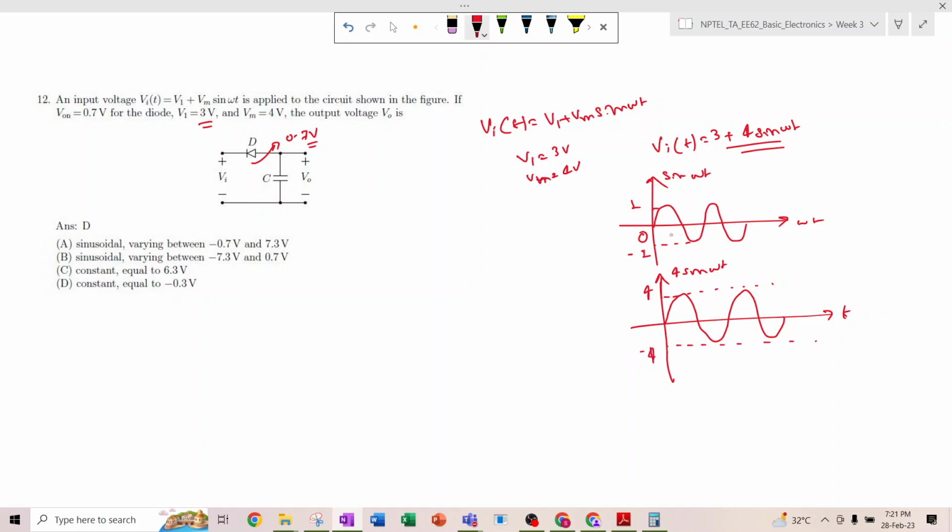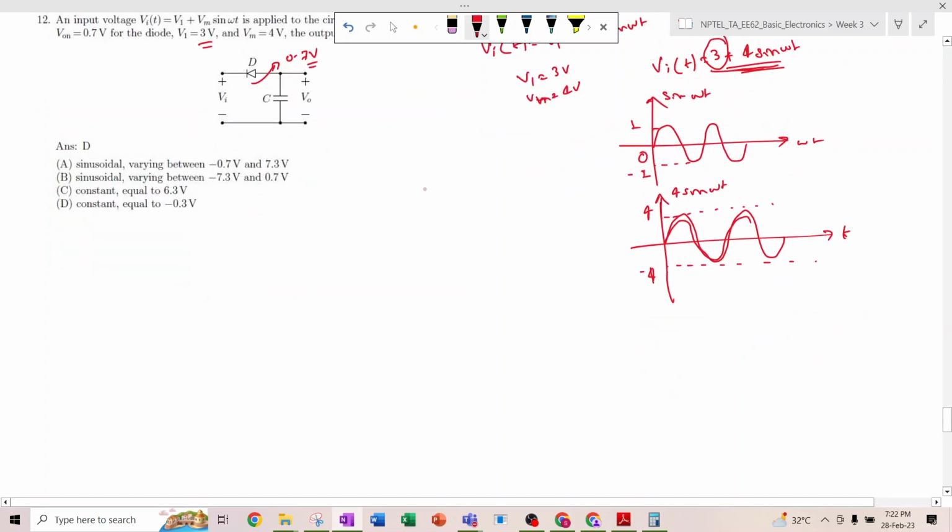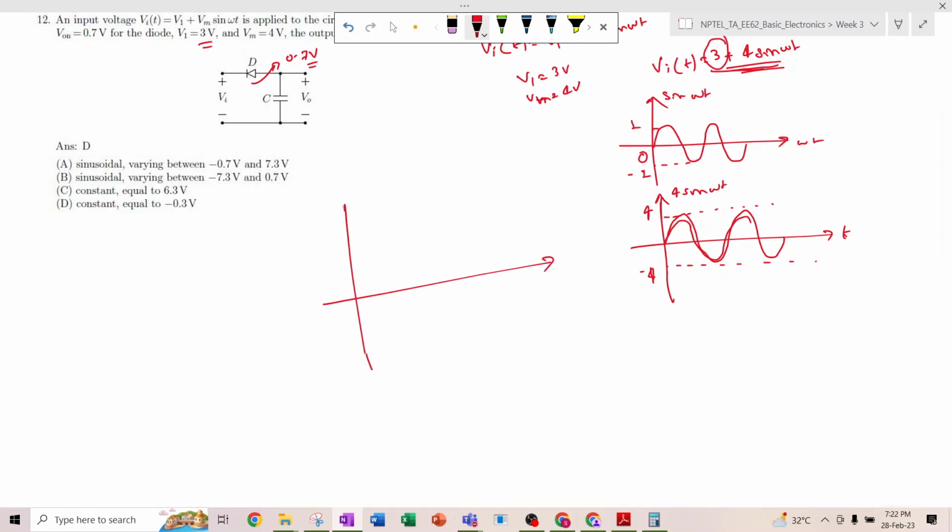Okay, and now in this case this is 3 plus 4 sine omega t, so this signal is shifted by a positive amount of 3. So this is 3 volt. So 3 plus 4 is 7.